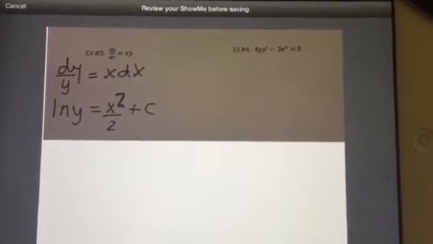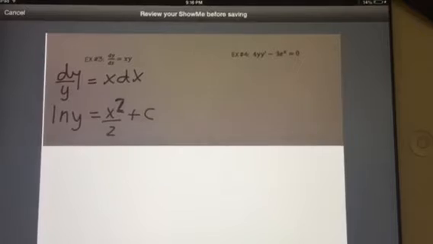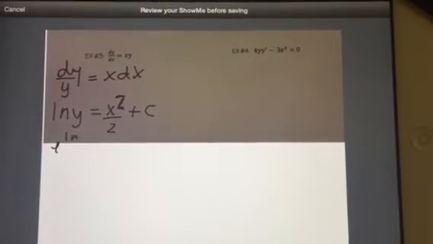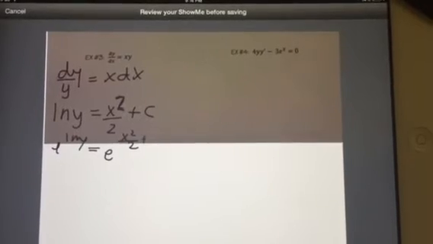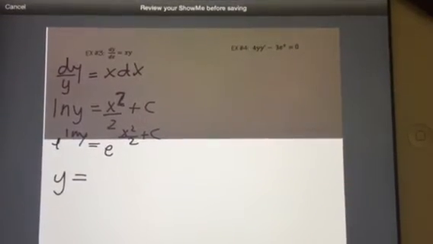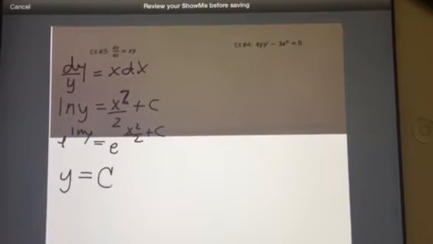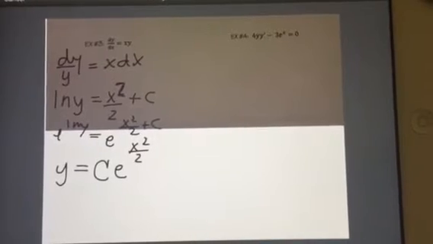We need to get rid of ln, so we e everything. So e to the ln of y is equal to e to the x squared over 2 plus c. Y equals some constant times e to the x squared over 2.